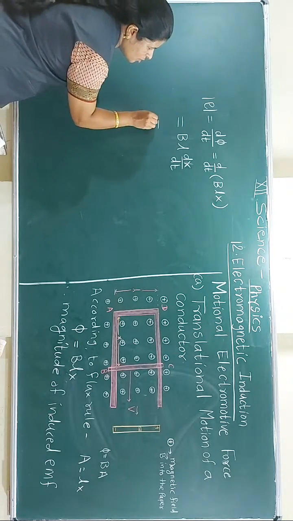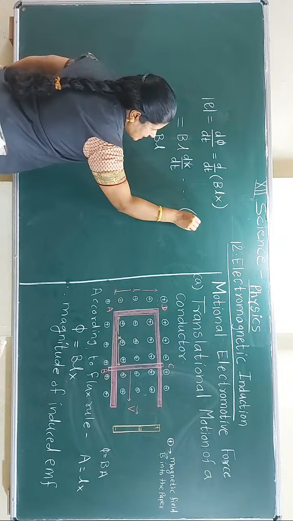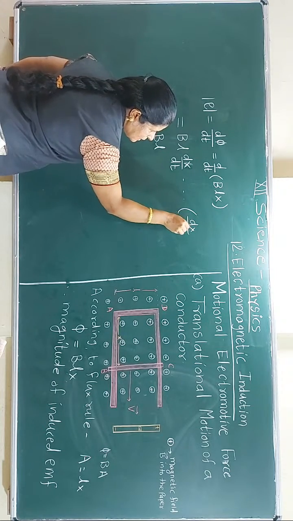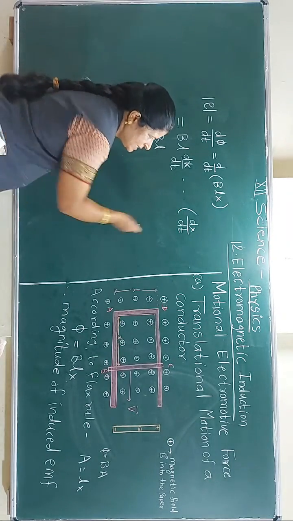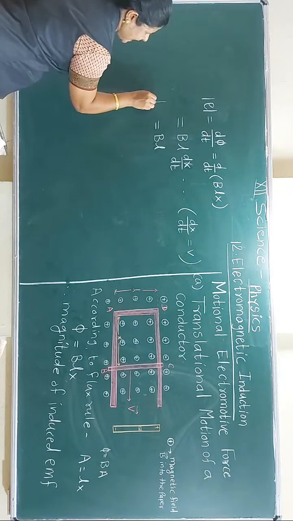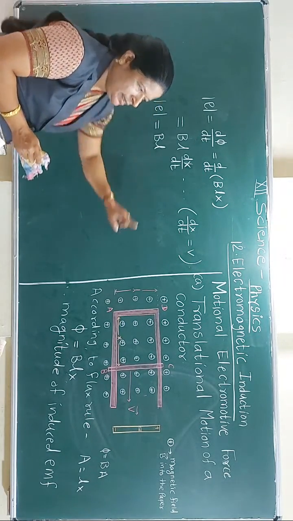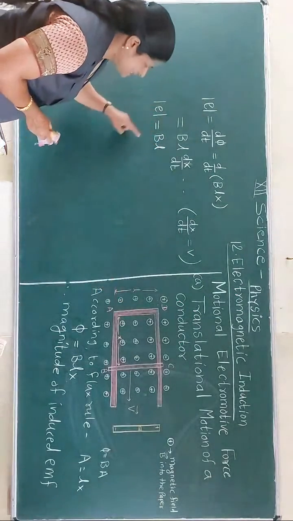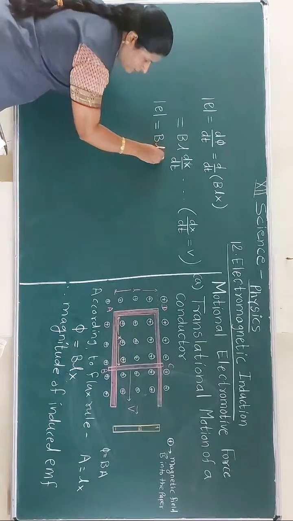We know that dx by dt, distance with respect to time, is velocity v. Therefore, we get the magnitude of induced EMF in this loop is equal to B L into v.